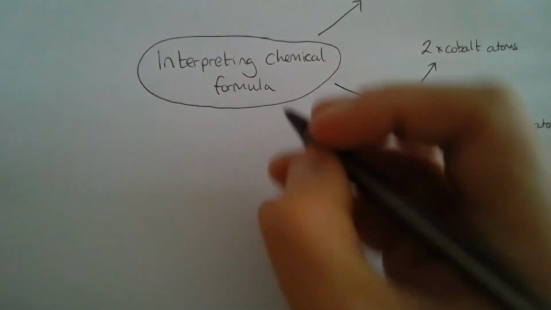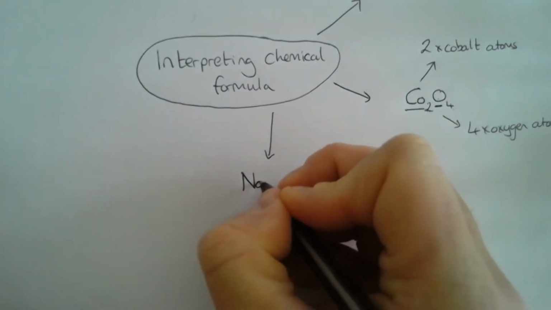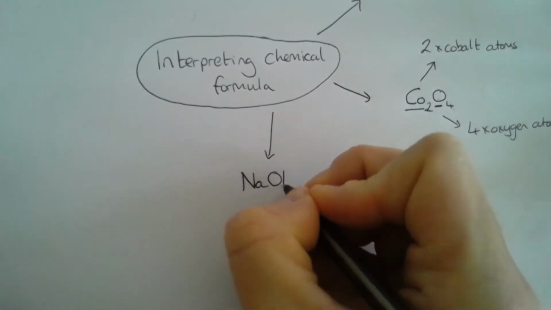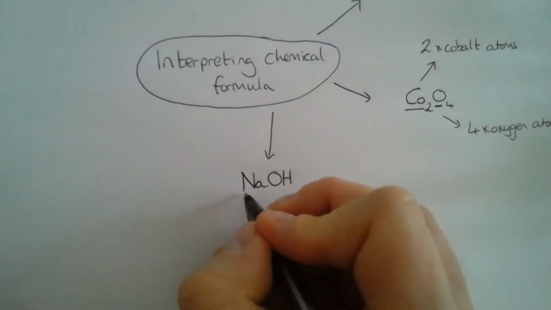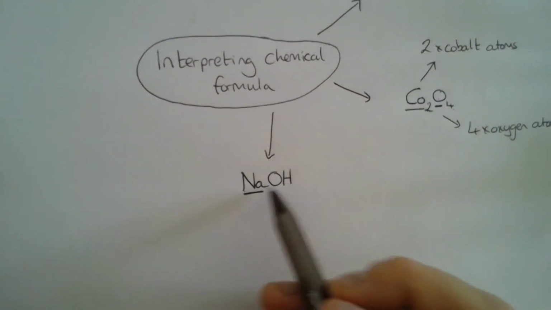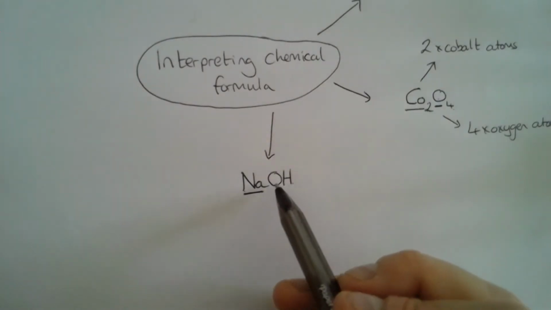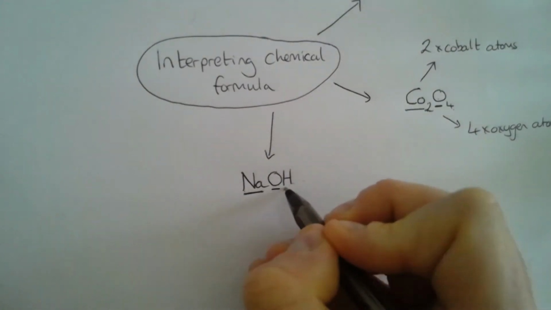Let's have a look at sodium hydroxide. So this formula, capital N, little a. So that is an element symbol. This will often be a situation where people might make a mistake. They'll look for an element OH on the periodic table, but actually there's 2 elements there.